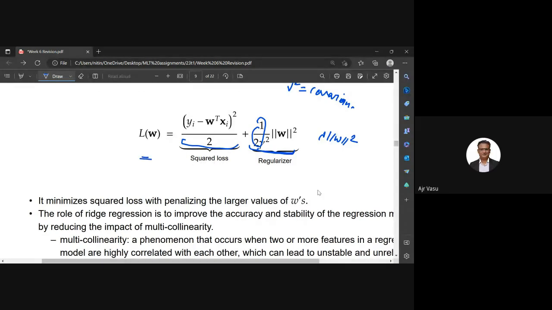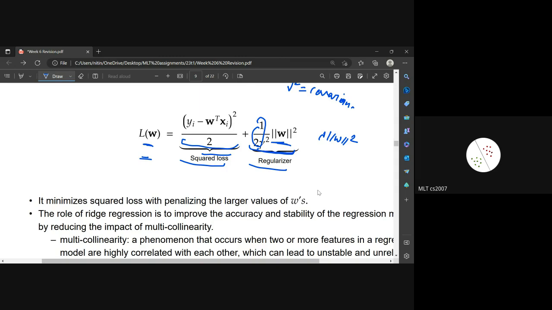Minimize means you are minimizing the squared loss, and you are also making sure that the magnitude of W does not become very large, because if the magnitude of W becomes large, this whole quantity will become large, and our task is to minimize this. So along with minimizing squared loss, you are making sure that your W's are close to 0, or the magnitude of W is very low, right?